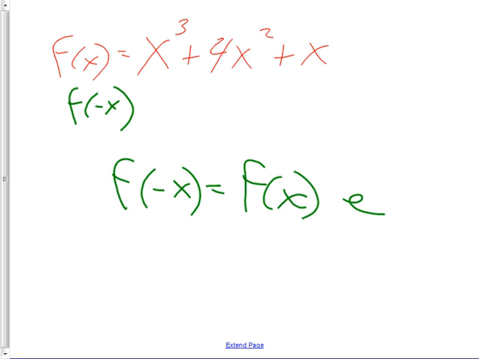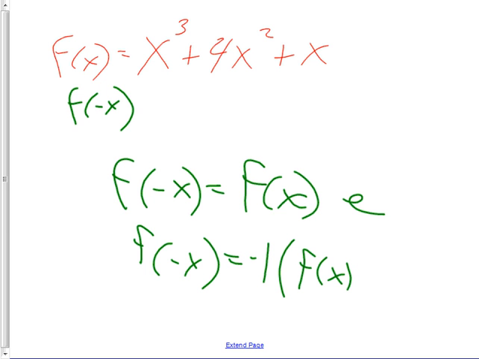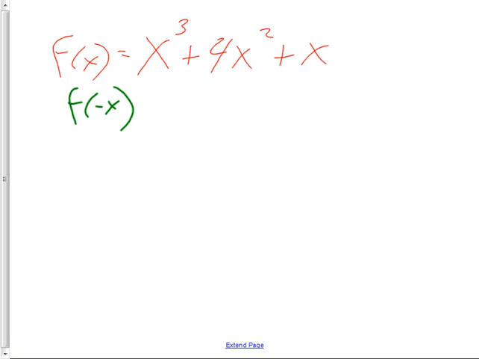If it's odd, you'll stick in negative x, and you'll have to factor out a negative 1, and it will be f of x. That's for odd. Remember those rules for even and odd? Would you please try it by sticking in a negative x here. See whether this one comes up even, or odd, or neither.